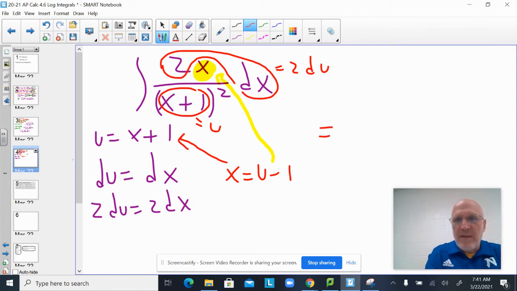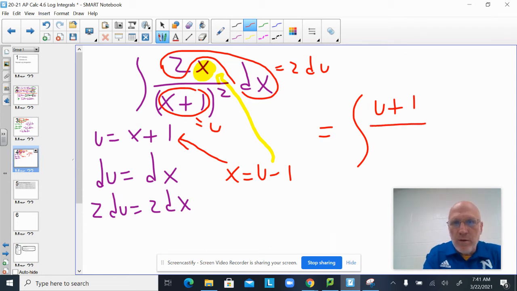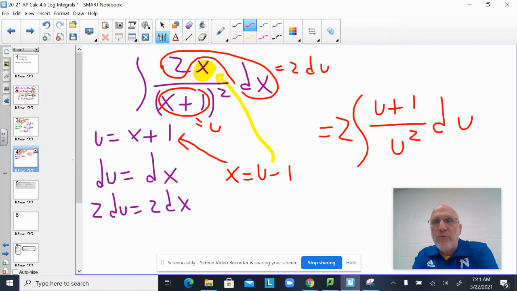This becomes the integral of, let's see, the x in yellow became u plus 1, and then we have over u squared, and then that 2 dx became 2 du. So I've got to be real careful, but I believe I rewrote that correctly in terms of u.